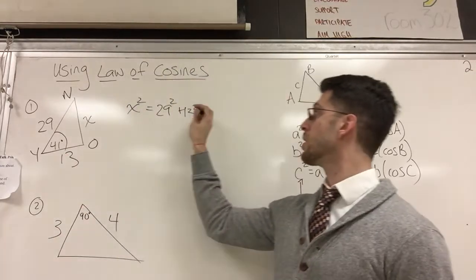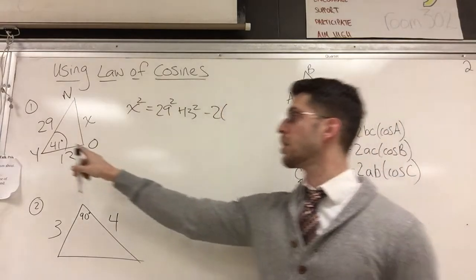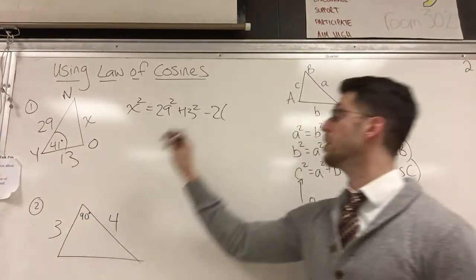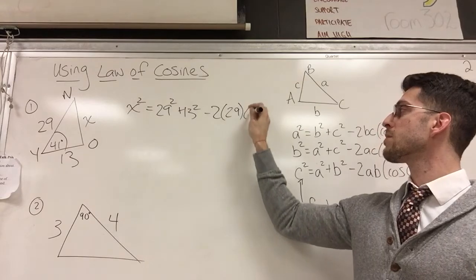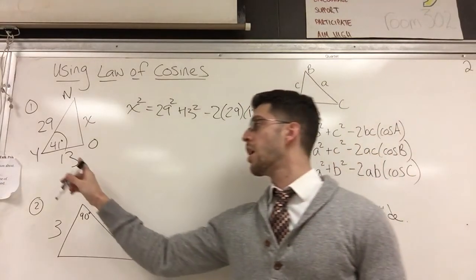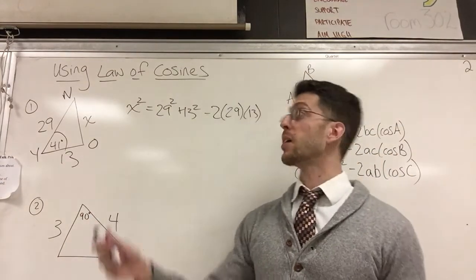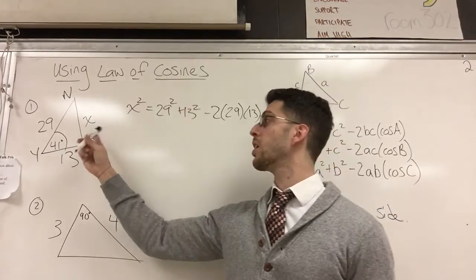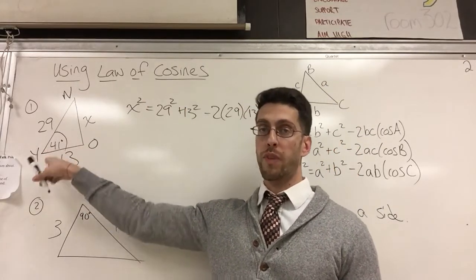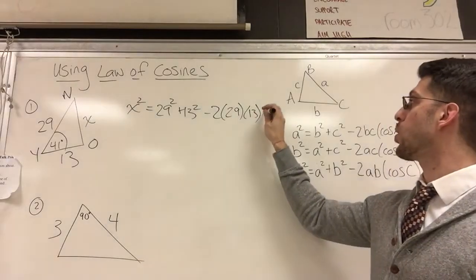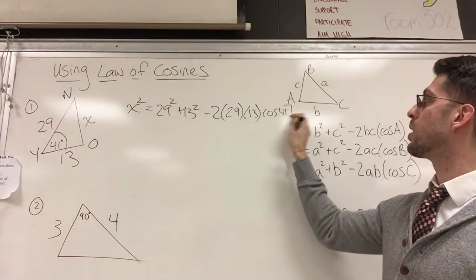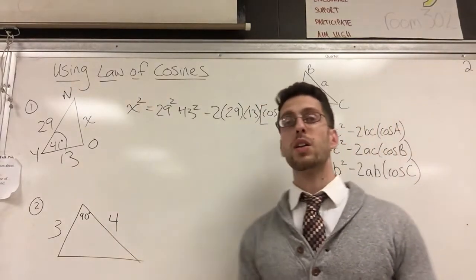Minus 2 times 29 times 13. And then the best part of it, the cosine of the given angle, the cosine of 41. Finally, 41 pulls its weight. Cosine 41. Okay?